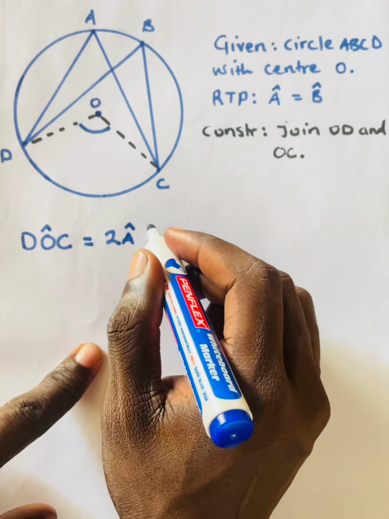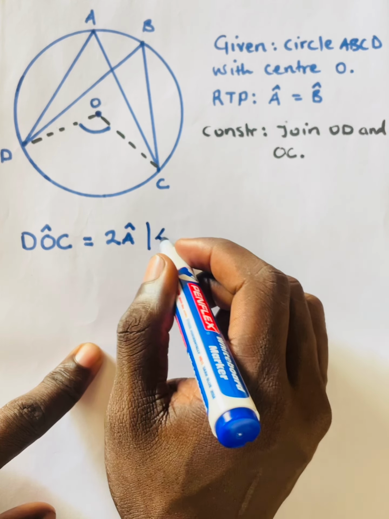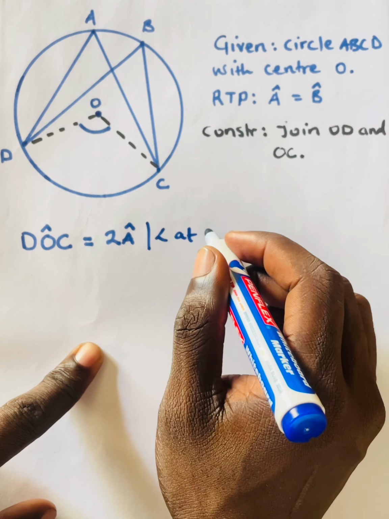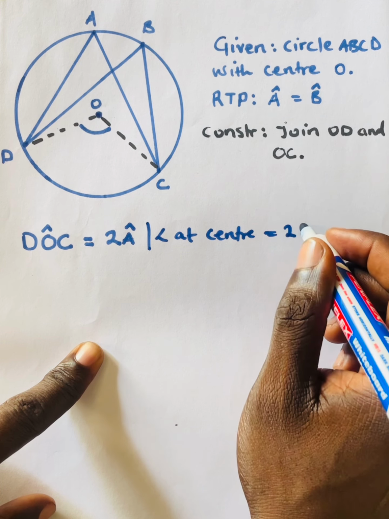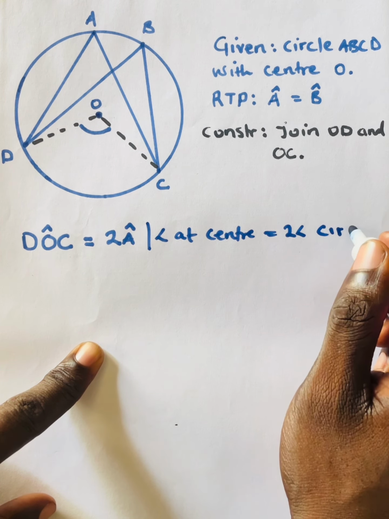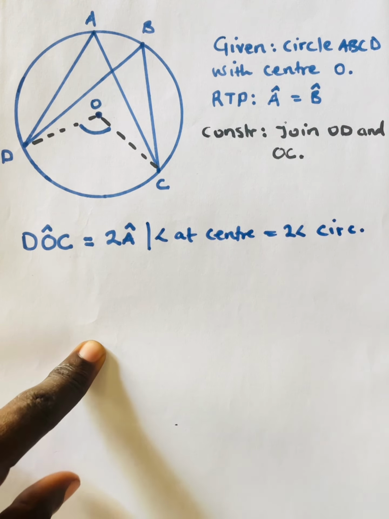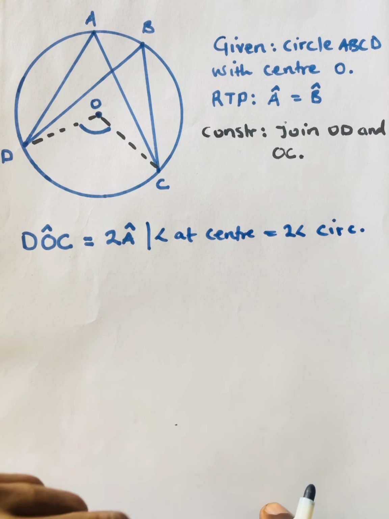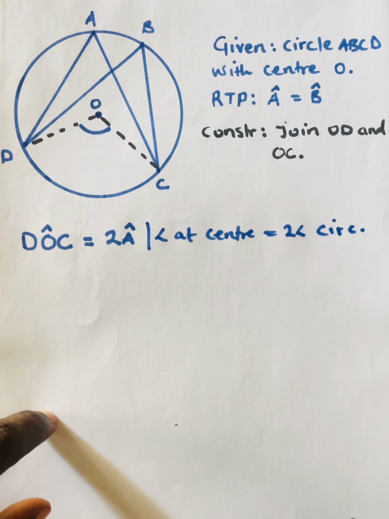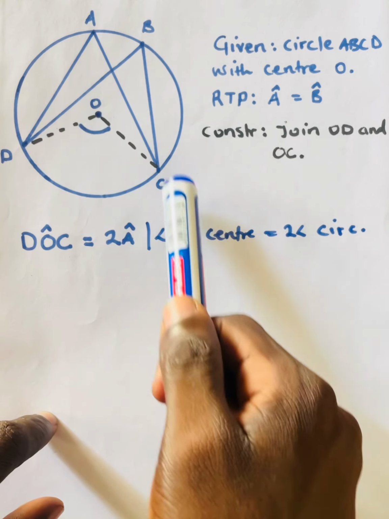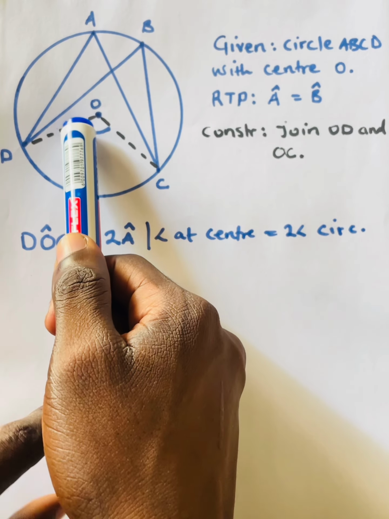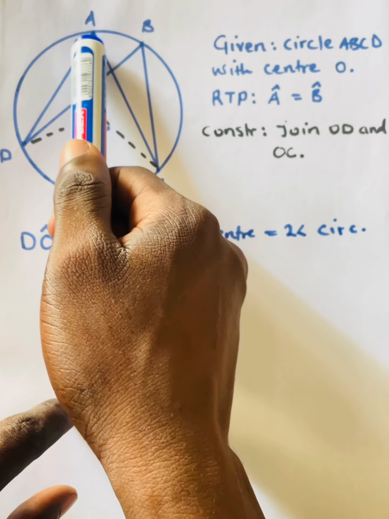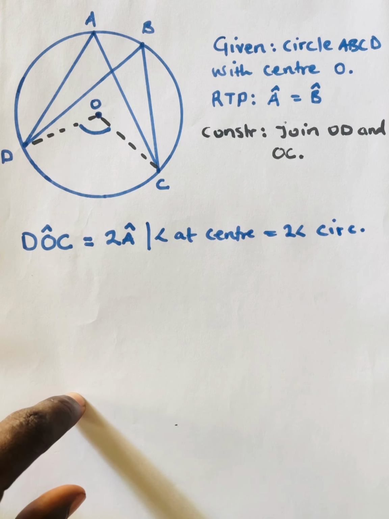So we say: angle at center is twice angle at circumference. In mathematics, we do not use full words. So we'll say angle DOC, that's the angle at the center, is twice angle A, that's the angle at the circumference.